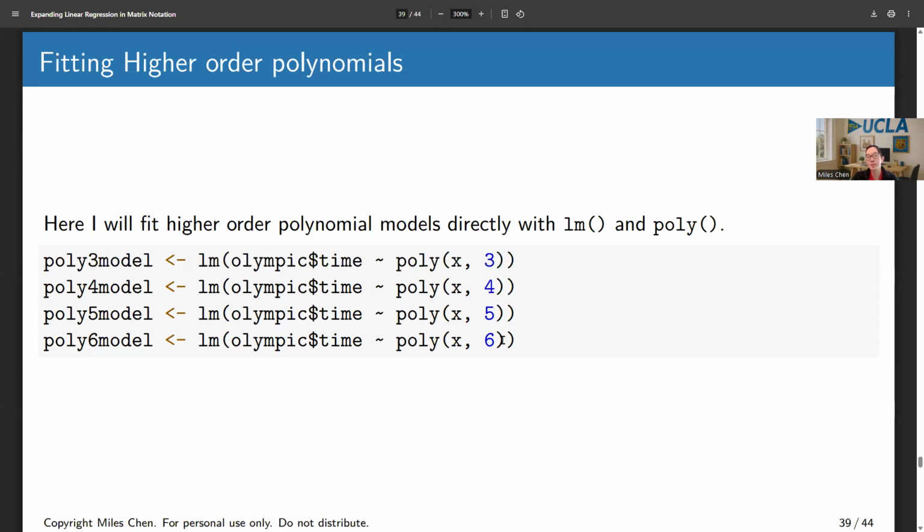Because by the time I take year and raise it to the sixth power, we're going to get these really huge numbers, and then I have to do that scaling operation again. And so it becomes a headache. We don't have to deal with that directly. We can just use some of these built-in functions in R, like poly.